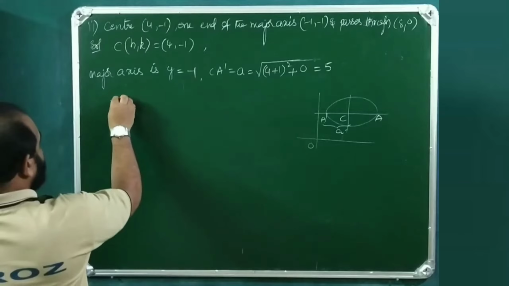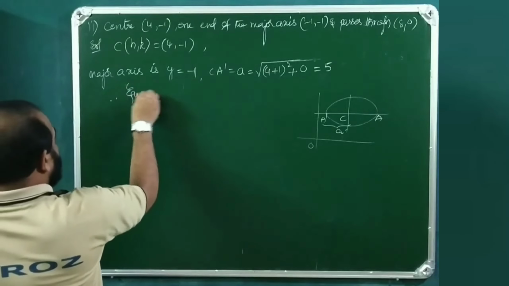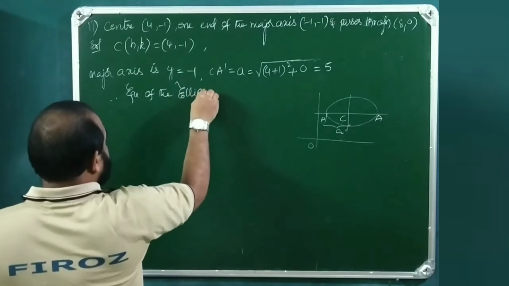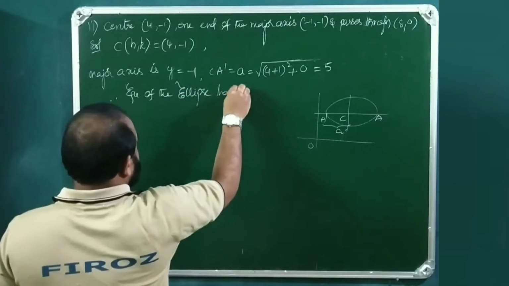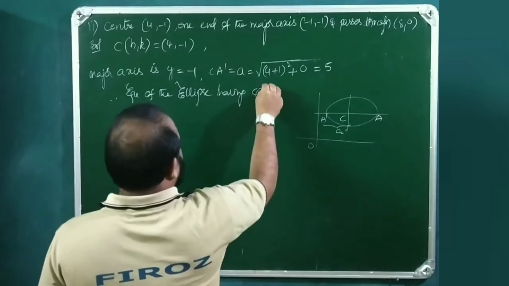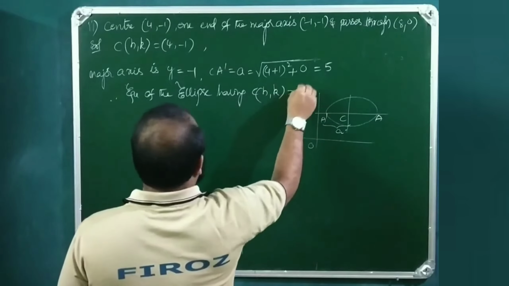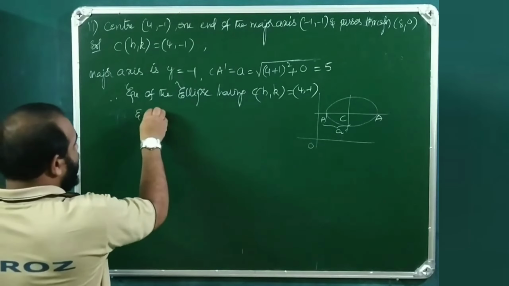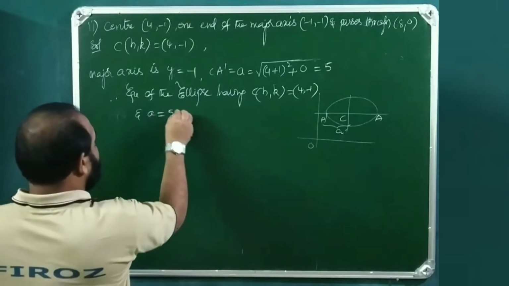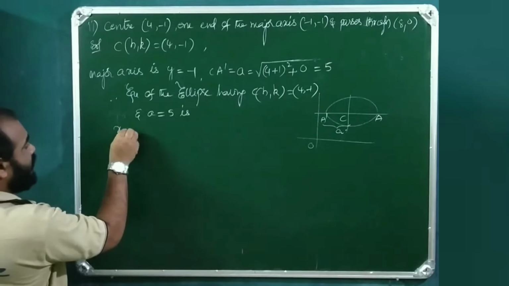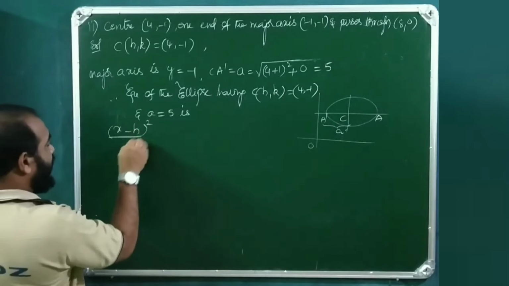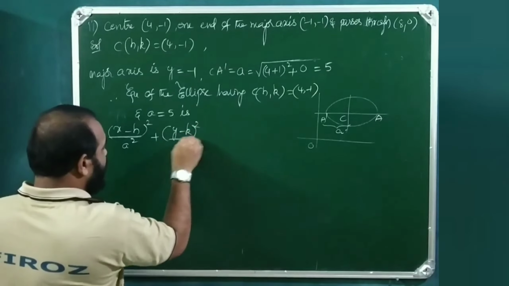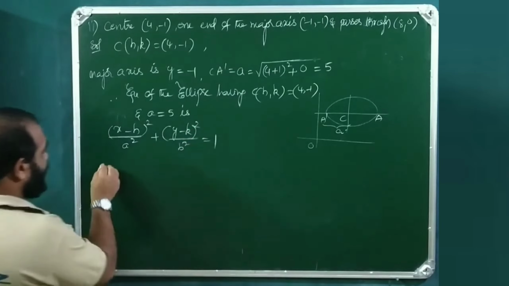Therefore, the equation of the ellipse having center (h, k) equal to (4, -1) and a equal to 5 is (x minus h) whole square by a square plus (y minus k) whole square by b square equals 1.